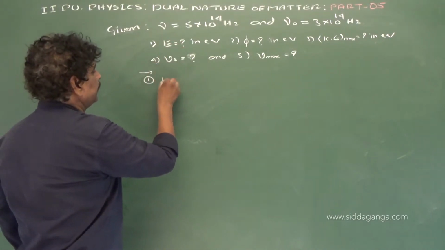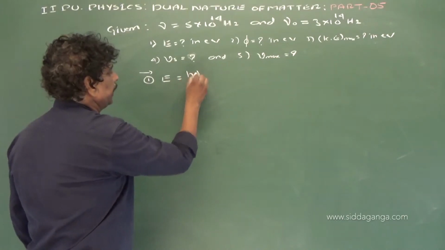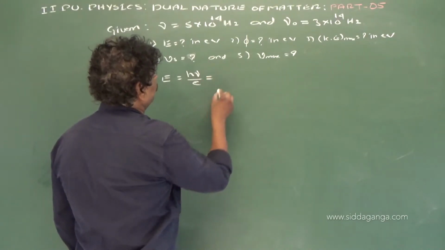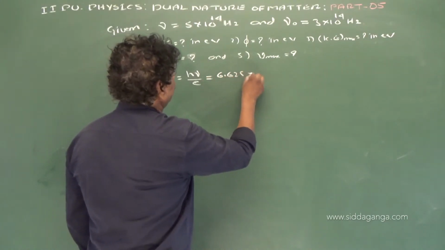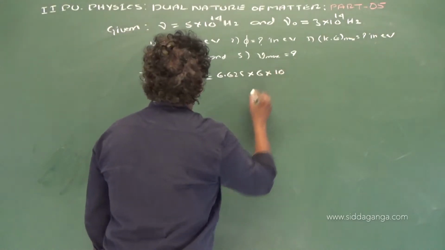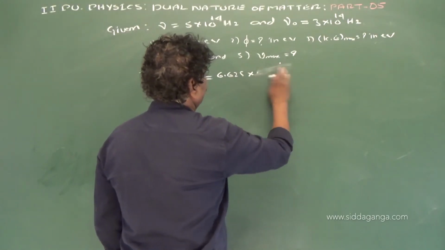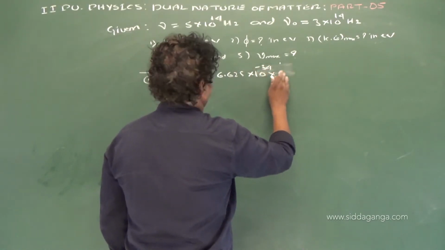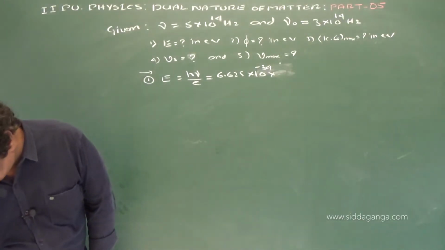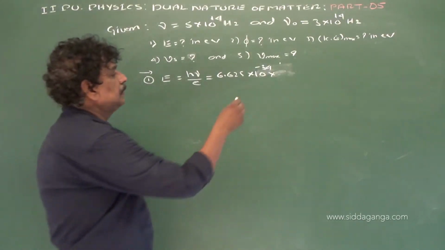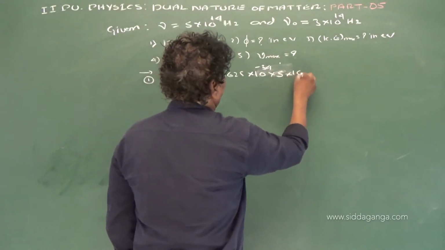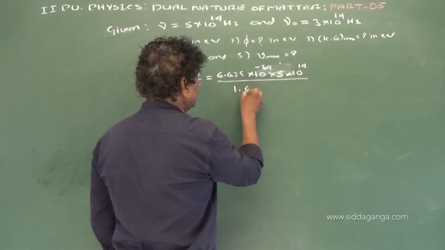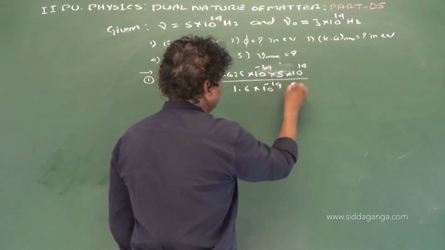we have this formula E is equal to h nu, divided by e to get it in electron volt. This is 6.625 into 10 power minus 34, into 5 into 10 raised to the power of 14, divided by 1.6 into 10 power minus 19.